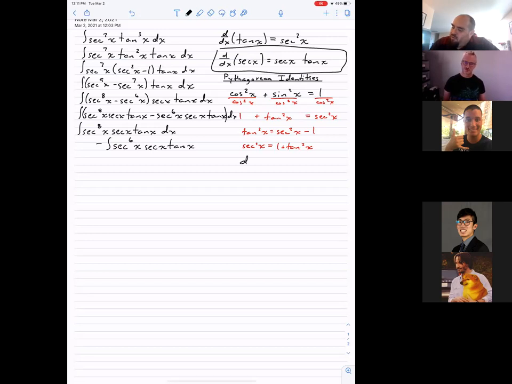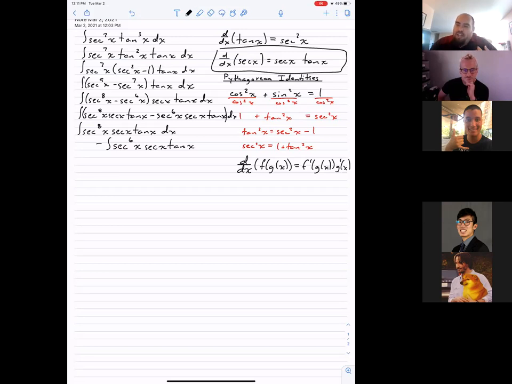So let's remind ourselves of what the chain rule looks like. Chain rule is used to differentiate composite functions. And when I differentiate, I get f prime of g of x, g prime of x.